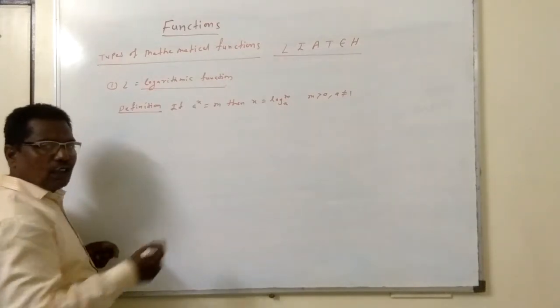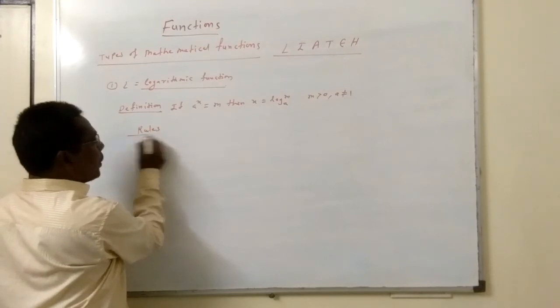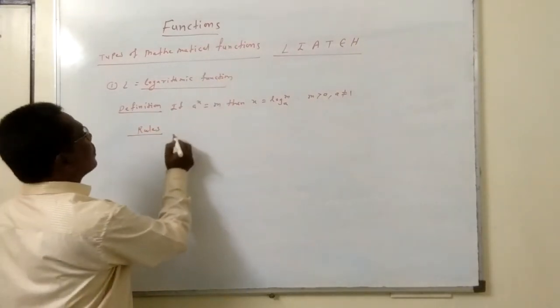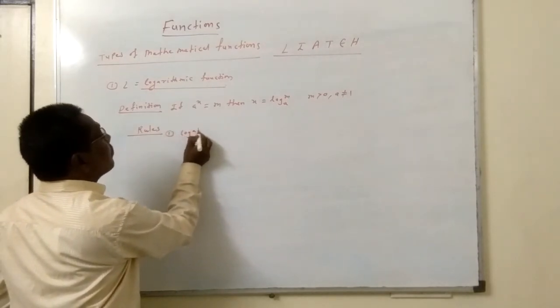Now to analyze logarithms, what rules are there? For every function there are rules for calculations. So what are the rules in the logarithm? The first rule: log AB.